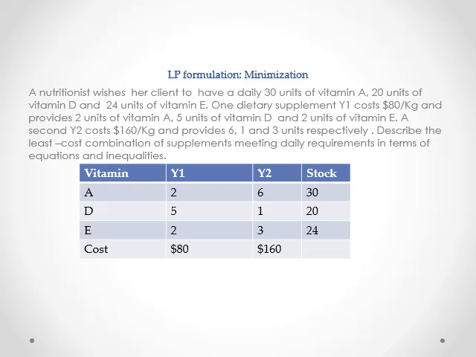The total cost of combination y1 equals $80. On the other hand, combination y2 contains 6 units of vitamin A, 1 unit of vitamin D, and 3 units of vitamin E. The stock is 30 units of vitamin A, 20 units of vitamin D, and 24 units of vitamin E. The cost of combination y2 equals 160.